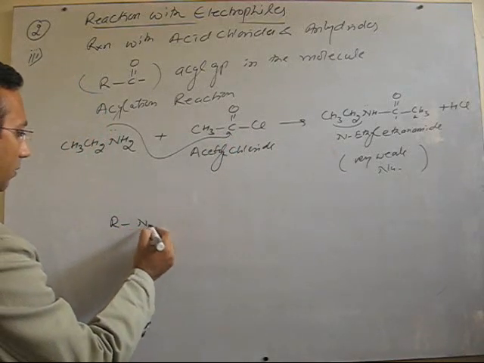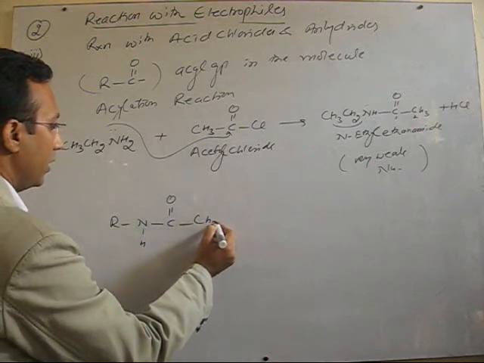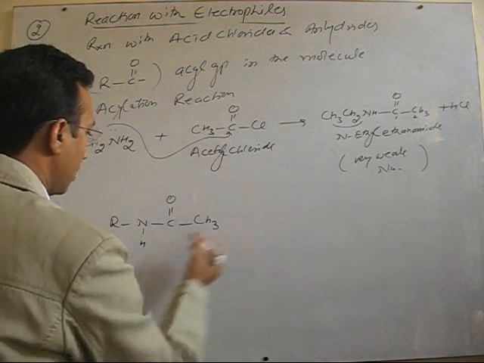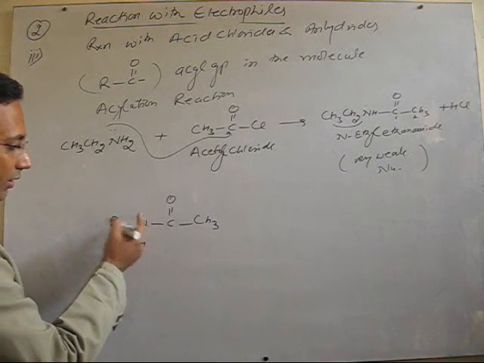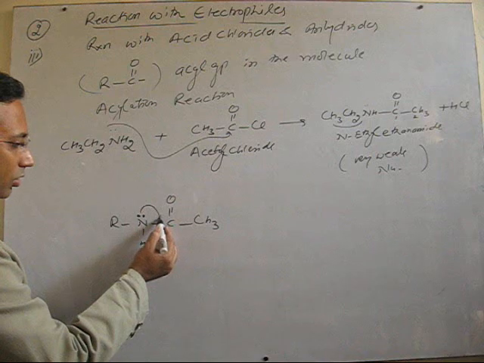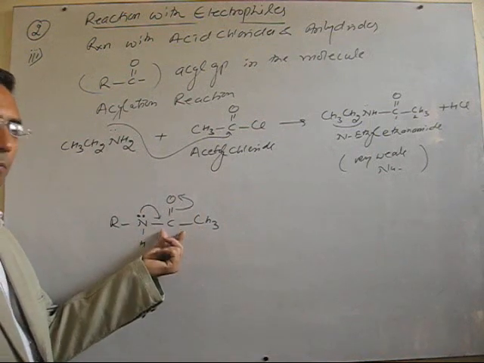The substituted amides formed are weaker bases as compared to amines because of delocalization of the lone pair present on nitrogen. Now this lone pair present on nitrogen is in conjugation with the pi electrons of the carbonyl group.